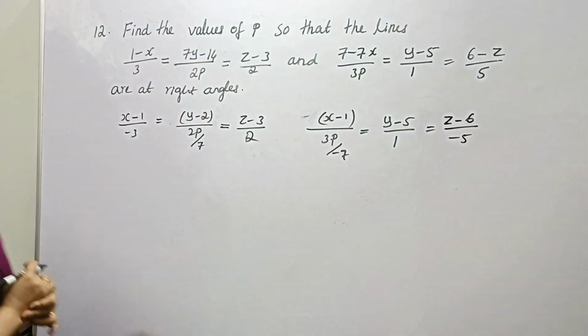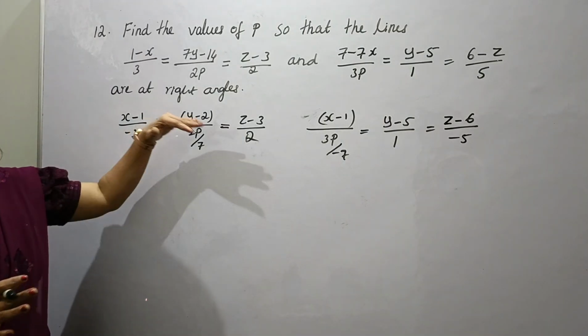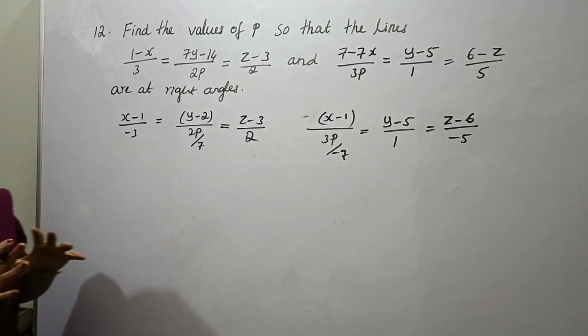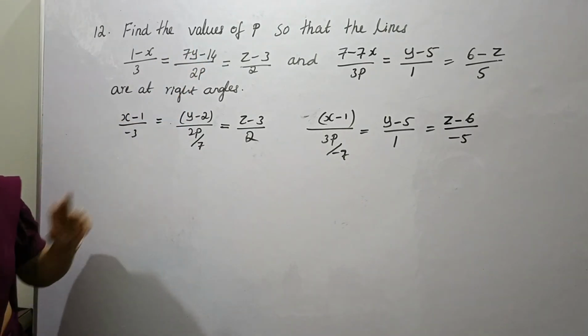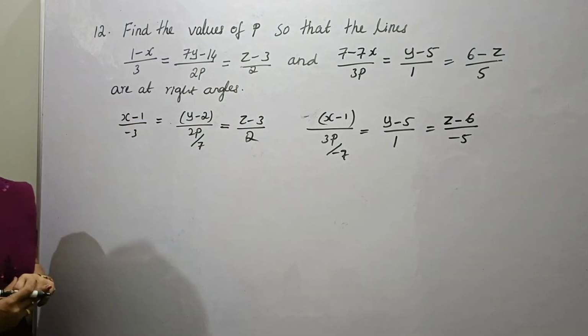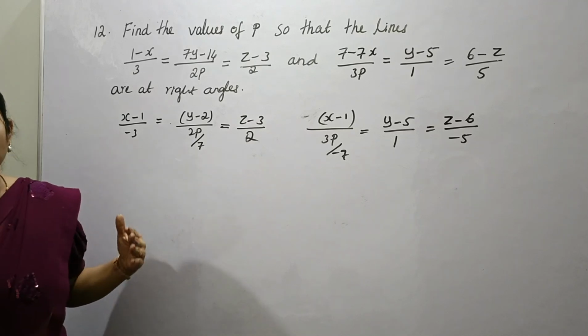Then now we will get the direction ratios of these lines. See here, we have to find the value of P so that these two lines are at right angles. These two lines are at right angles means these two lines are perpendicular.